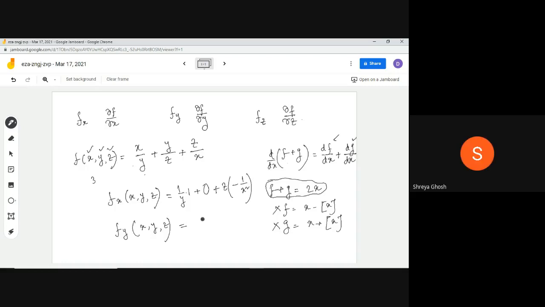Minus x by y square plus 1 by z. Very good. And the last term will be 0. So this is the partial derivative.